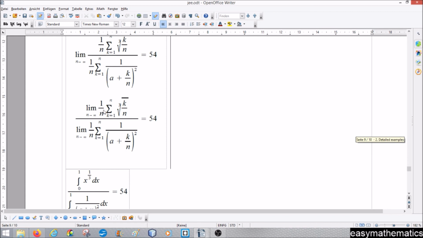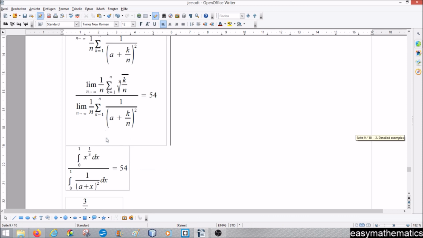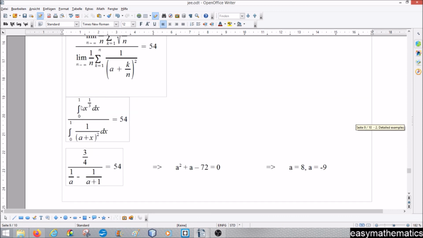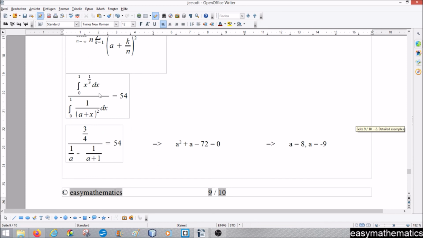Now we have a numerator and denominator that are exactly the upper sum of an integral, so we can move to the integral from 0 to 1 of x over a to the power 1/3, and the integral from 0 to 1 of 1 over (a plus x) squared equals 45. From there it's easy to find the values of a.